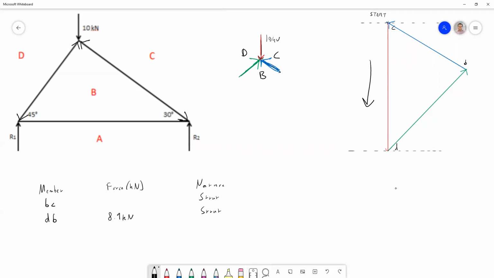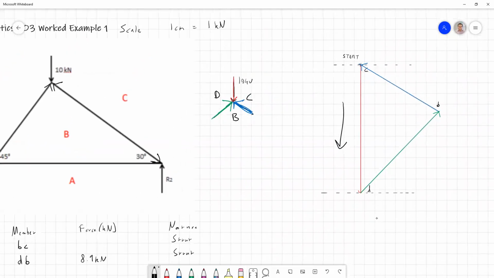And we can do the same thing for the force BC. I'll measure that as well.